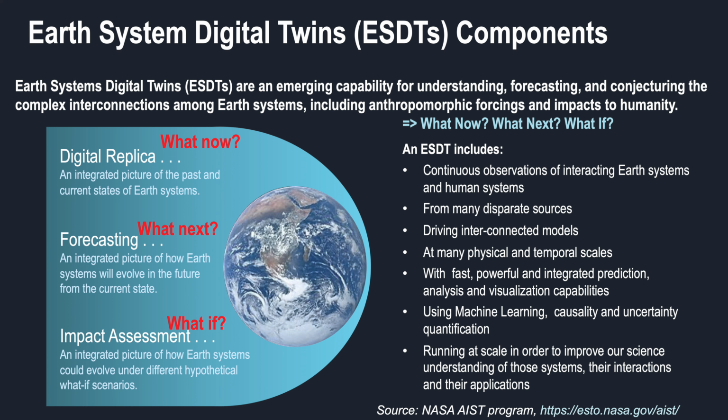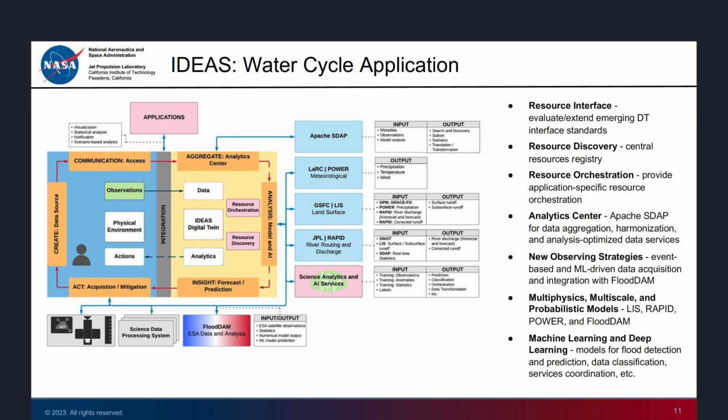One last thing I really wanted to mention was this idea of digital twins. This is something the agency's promoting within the AIST program, which is the Advanced Information Systems Technology. And here's an example. So we've been working with JPL. So we have our POWER data products.